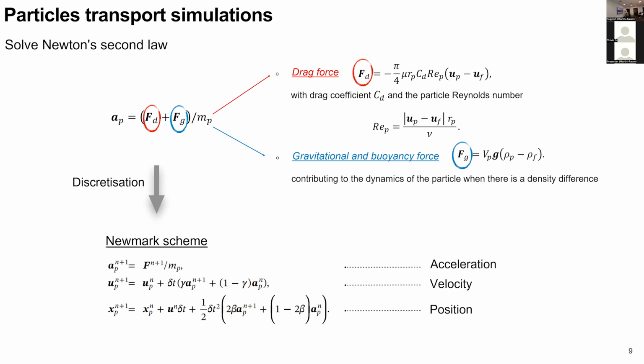The gravitational buoyancy force contributes to the dynamics when there is a density difference between the particle and the fluid. Upon discretization, there is a Newmark scheme with which we solve for the particle's position by integrating twice from the acceleration.